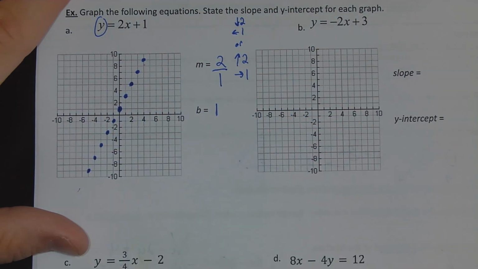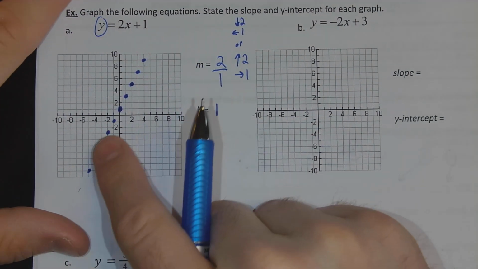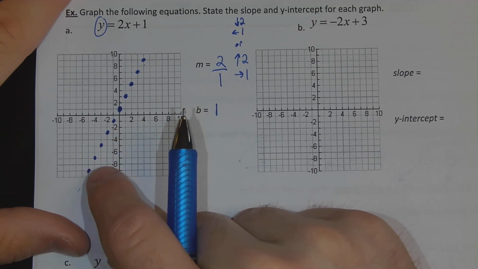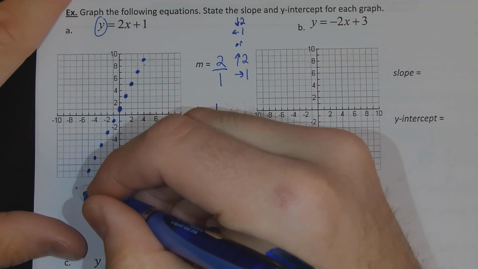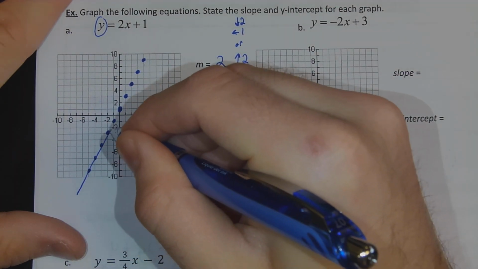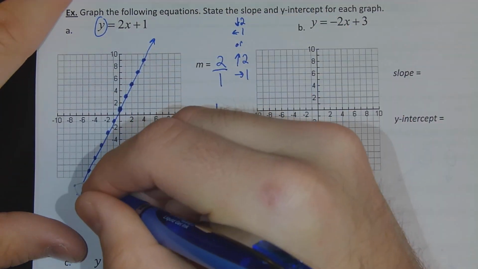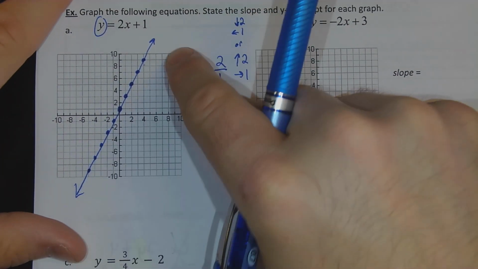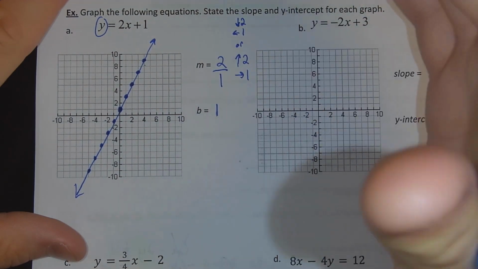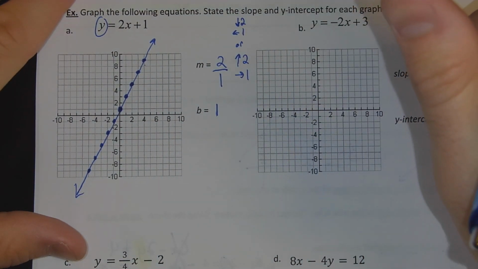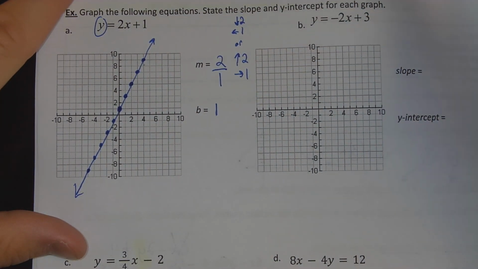And step 4, after you have these points drawn, up 2, right 1 and down 2, left 1 in both directions, you're simply going to take your pen, connect all the dots the best you can. This is the reason why we have as many dots as possible, so our lines look as straight as possible. Okay? Those are your 4 steps.